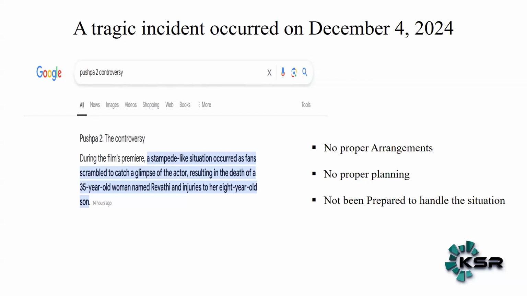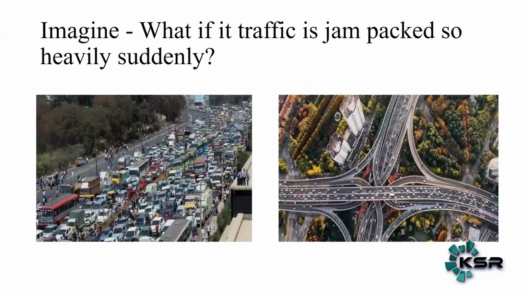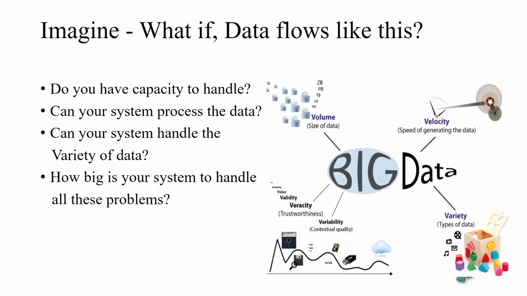If you're not able to manage 1,000 people outside your theaters, what if suddenly your data also flows like this into your laptops and systems? Suddenly there is a crowd and you are not able to handle it.